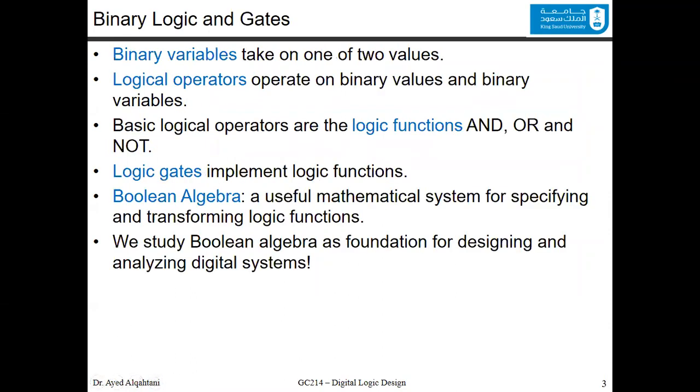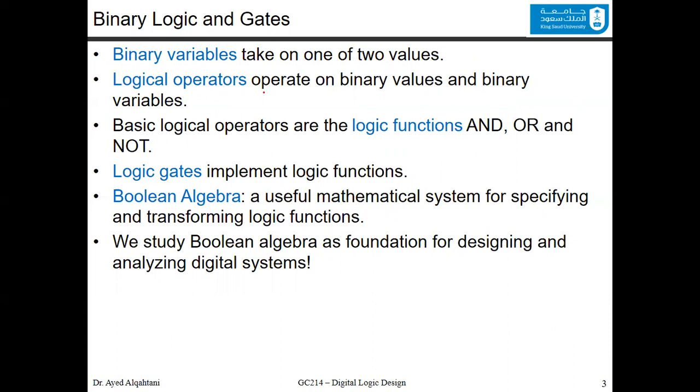The binary logic and gates, we have to define some terminologies first. Binary variables take on one of two values. The two values that we know are 0 and 1. And a variable, for example, x, could take the value 0 or 1.